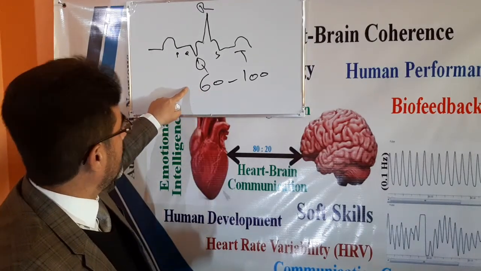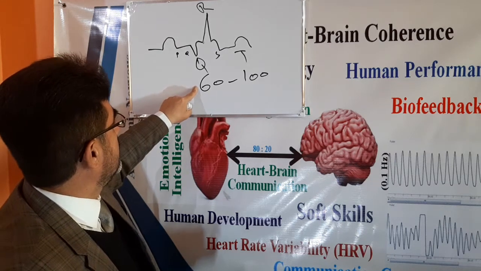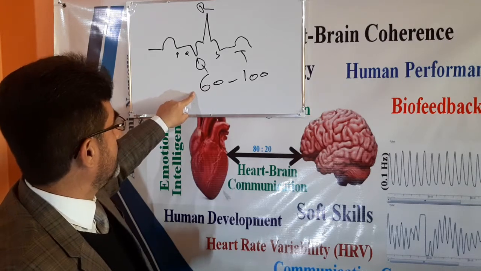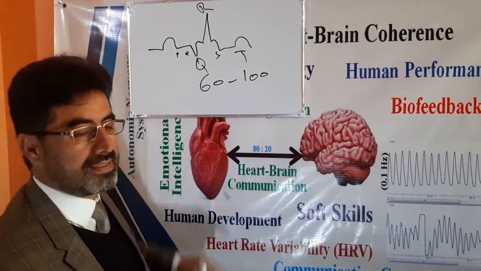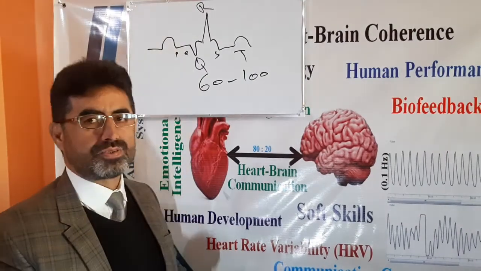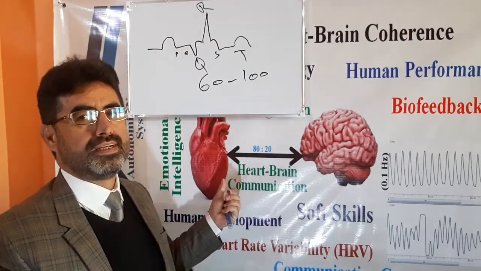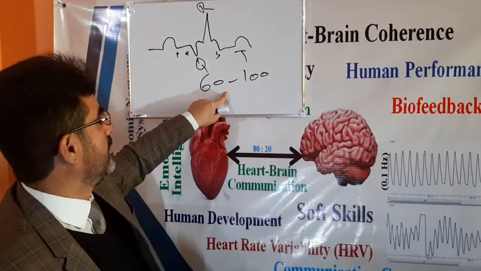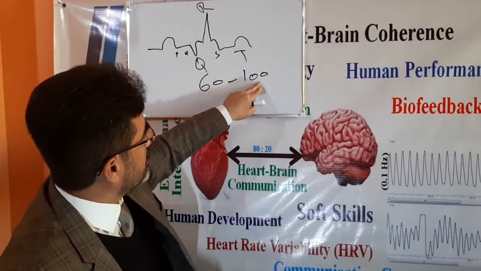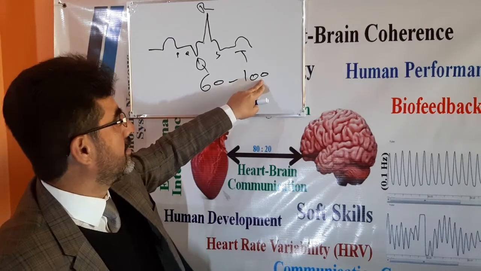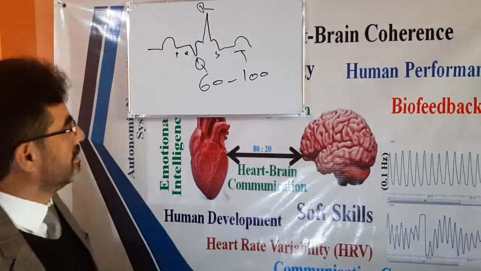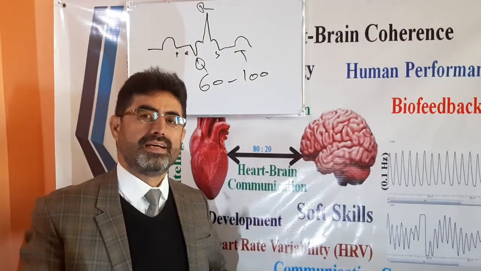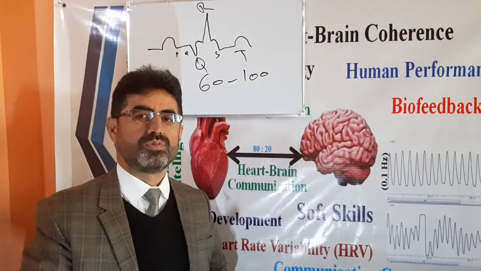But if the rate is smaller than 60, we can see bradycardia, a little lower than the normal one. And if the rate is higher than 100, this is tachycardia. But the most helpful and optimal level is the SA node rhythm, from 60 up to 100.